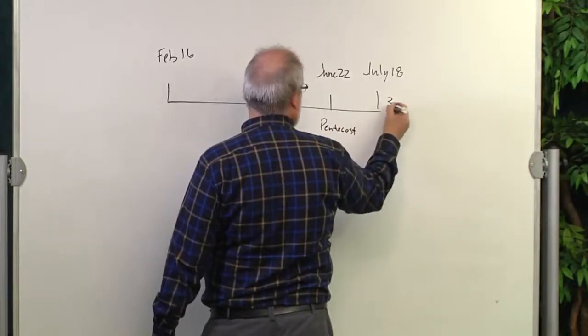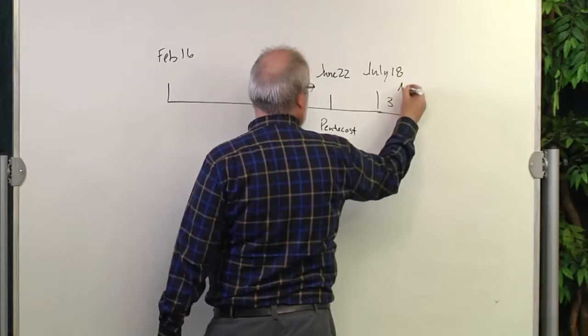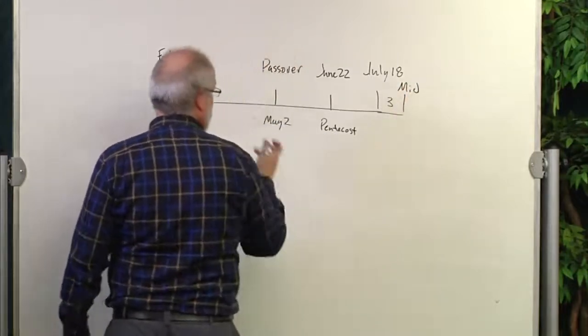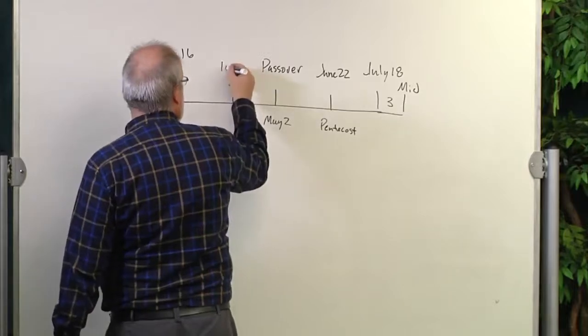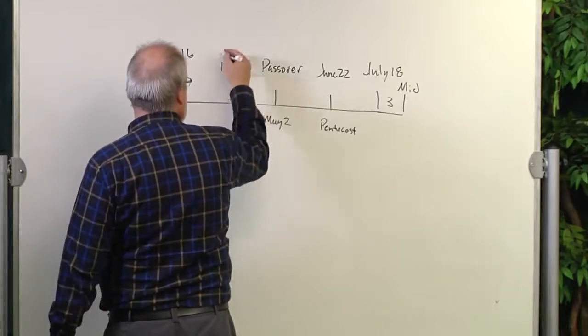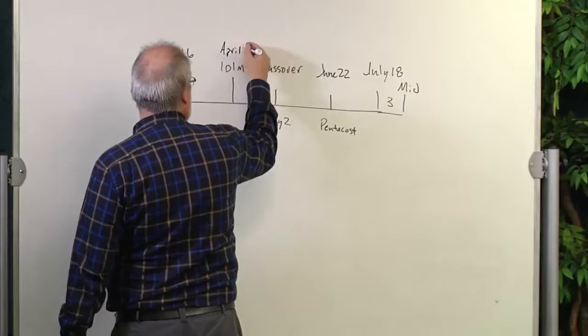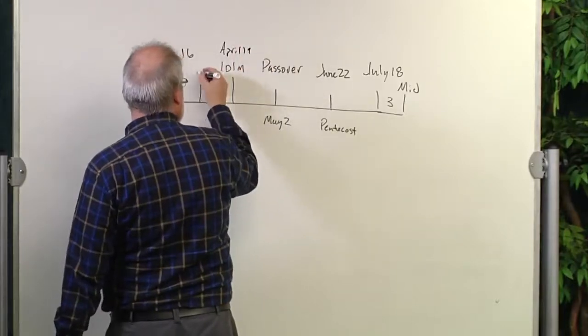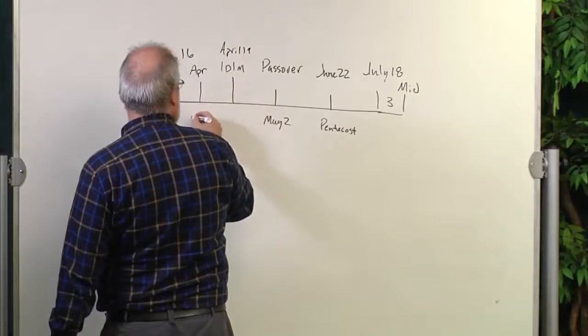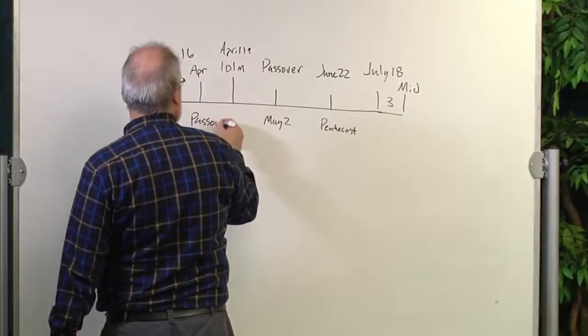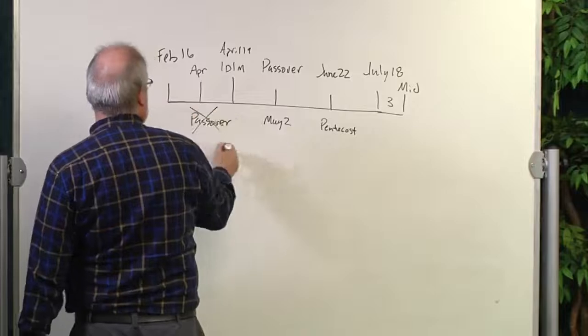This is 3 days before midnight. And we also have the first day of the first month here, which is April 19th. And we have a Passover here on April 3rd. That's Passover, but it's the incorrect Passover.